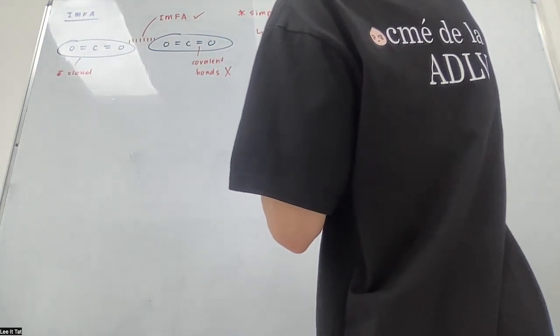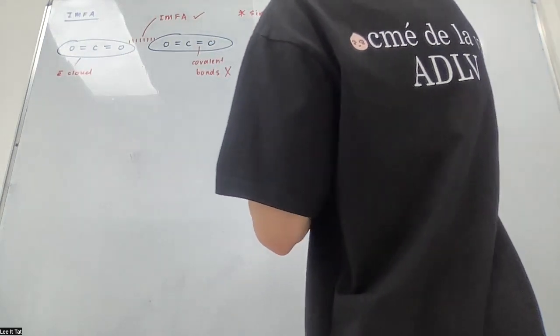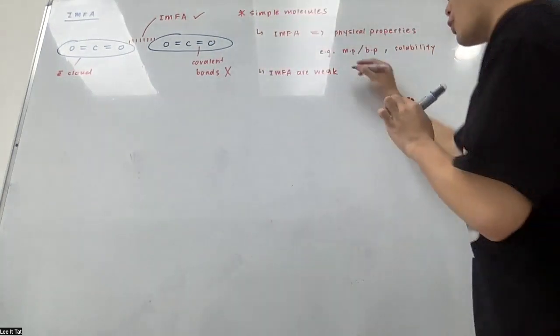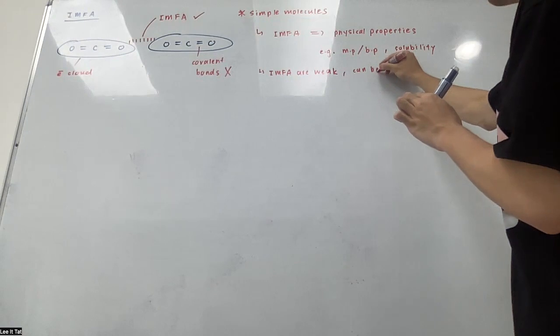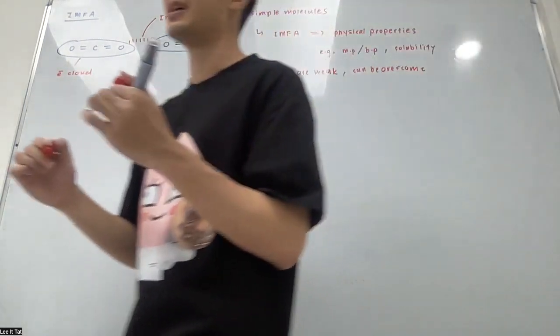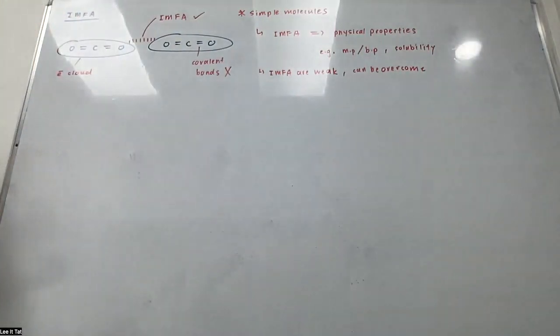So with all this said, we have to understand that intermolecular forces are actually rather weak. Objectively, intermolecular forces are weak, and hence they can be overcome. In general, you can break intermolecular forces. That's why we use that to explain melting and boiling points, for example.